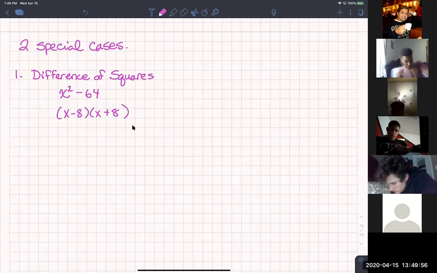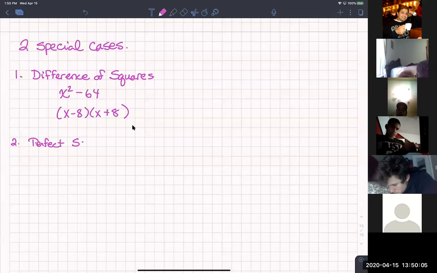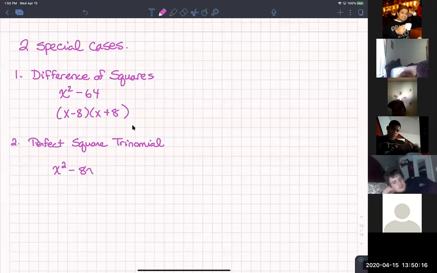The other special case is known as a perfect square trinomial. It is an equation like this: x squared minus 8x plus 16. When we factor this, we do basically the same thing. The first terms are x, and for the last term, we're looking for factors of 16 that add to give me -8.